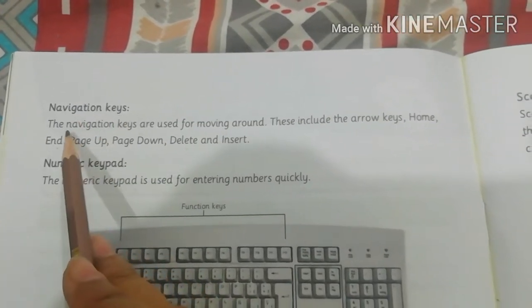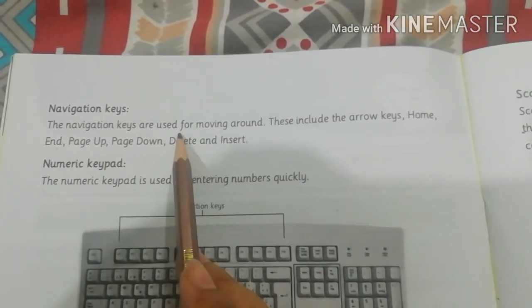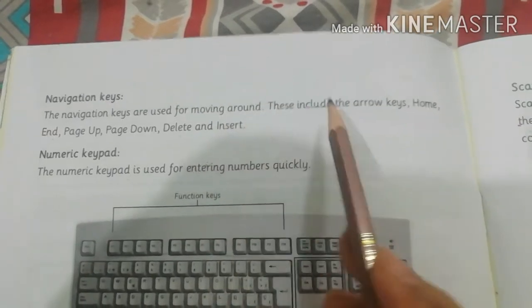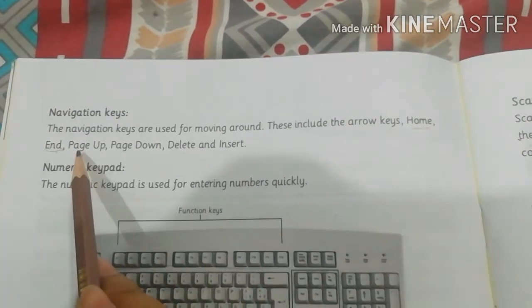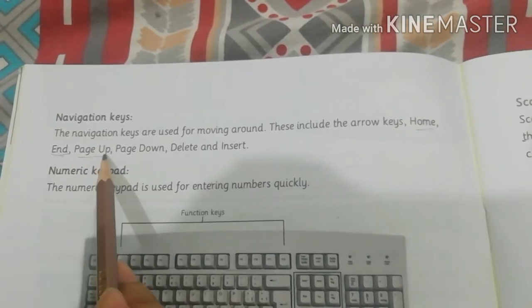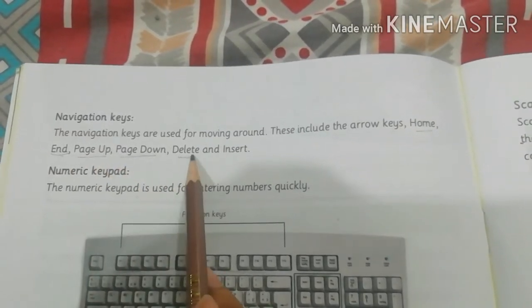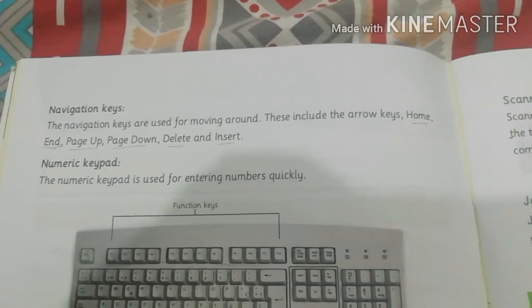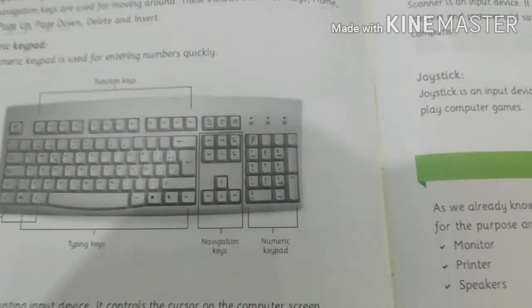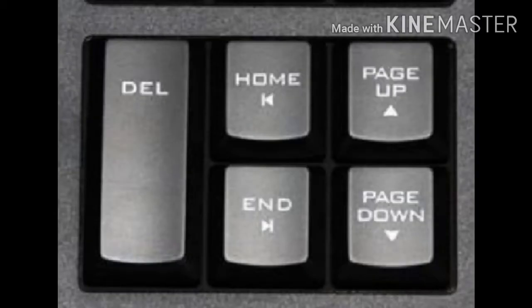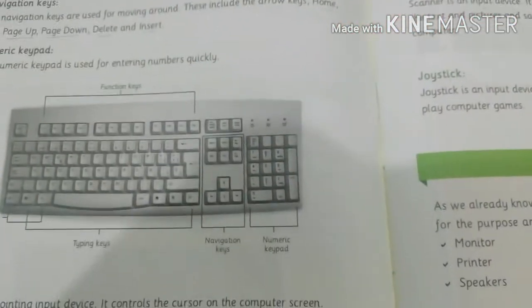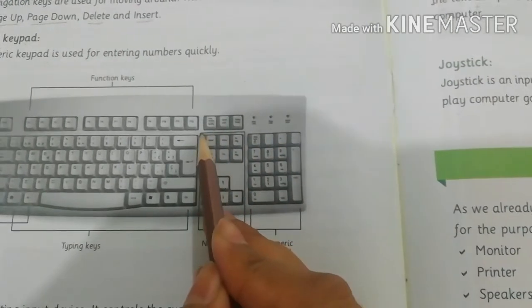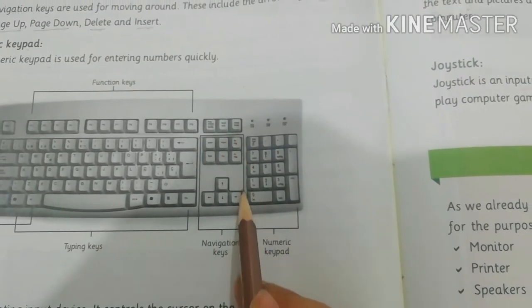Navigation keys. The navigation keys are used for moving around. These include the arrow keys, Home, End, Page Up, Page Down, Delete, and Insert. Dear students, these keys look like this on the keyboard and are located here.